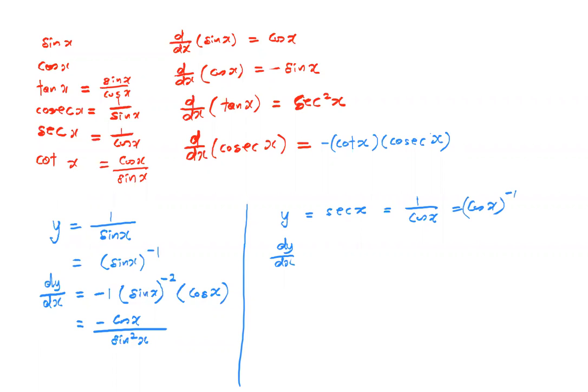Okay, so this one you can write down, you can don't want to write down, up to you. But the 3 basic rules you must write down, and all these you must write down in your notes. So take down the power, copy down the whole thing, power take away 1, times by the derivative of cos x. Can I know what is the dy dx of cos x, Calvin?